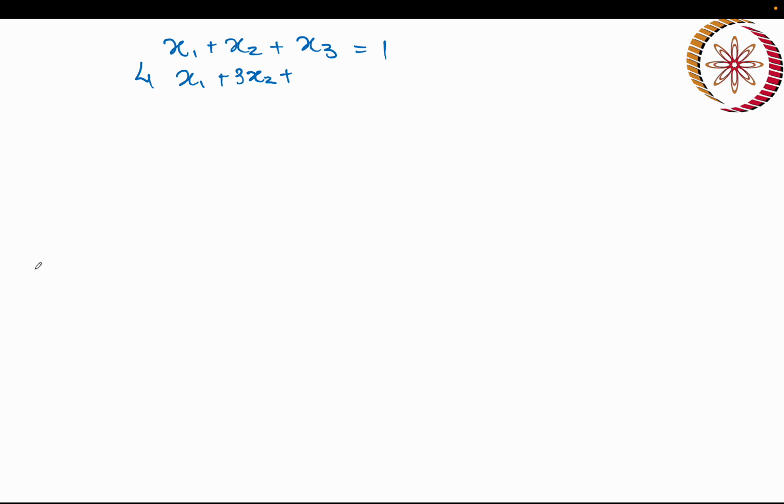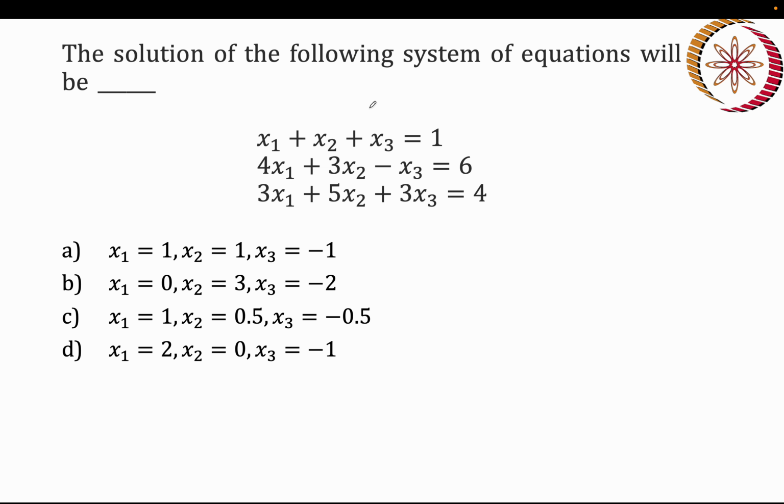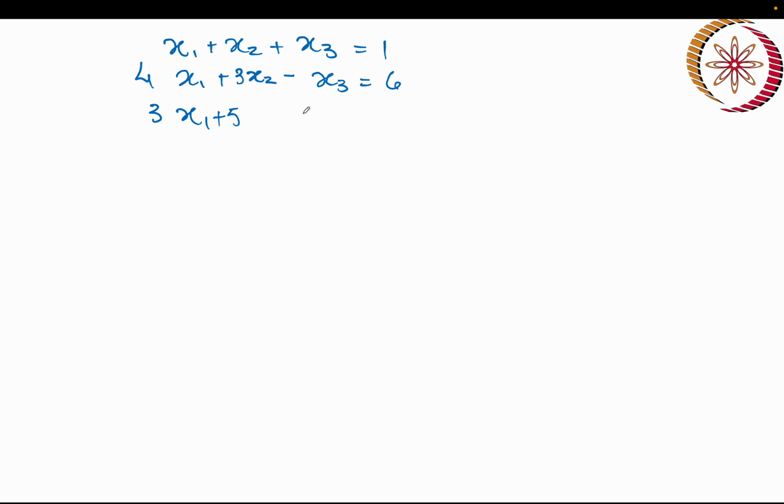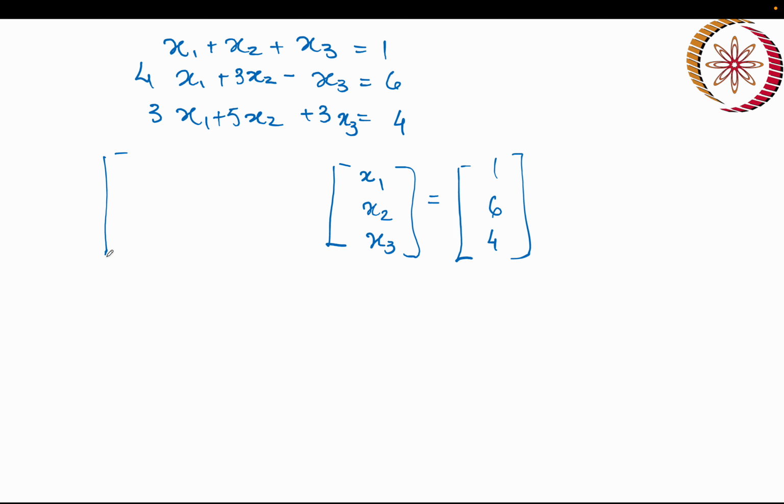and 3x1 plus 5x2 plus 3x3 is equal to 4. Okay, so these equations are given, so we can write this in matrix form, x1 x2 x3, with 1 6 4 on the right side, and the coefficient matrix is 1 1 1.